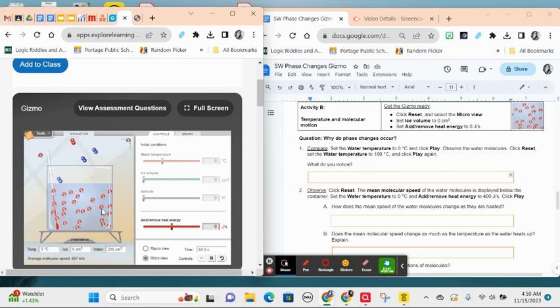We notice that water molecules are moving freely, bouncing around, colliding into one another. And now we're going to set the water temperature to 100 degrees. Okay, water temperature to 100. And then observe again.